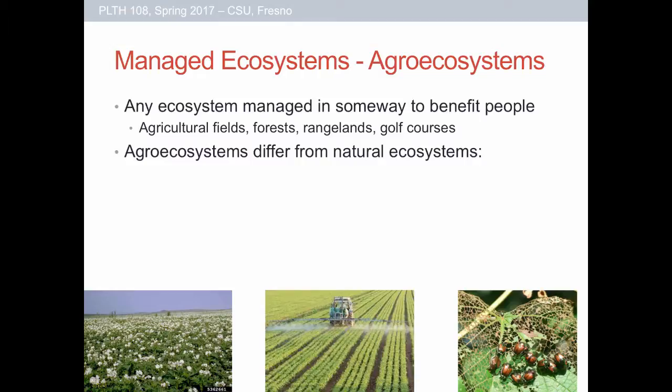But the important thing about agroecosystems is that they are fundamentally different from natural ecosystems. All the things we just talked about still apply, but they apply differently in agroecosystems than they would in natural systems, for a wide variety of reasons. Perhaps the most important of which is that agroecosystems lack temporal continuity. What I mean by that is that they change very quickly. We tend to disturb them a lot.